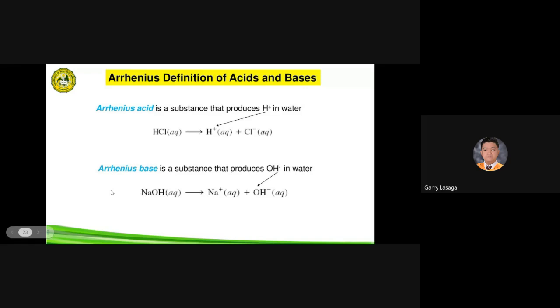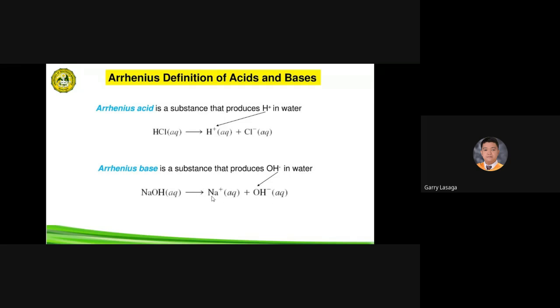An Arrhenius base is a substance that produces hydroxide ion or OH minus in water. So when we put sodium hydroxide in water, sodium hydroxide is a base. It is a base because it produces hydroxide ion in water.